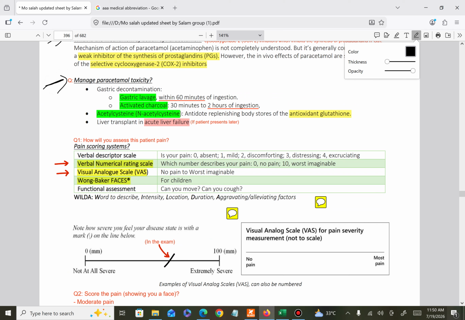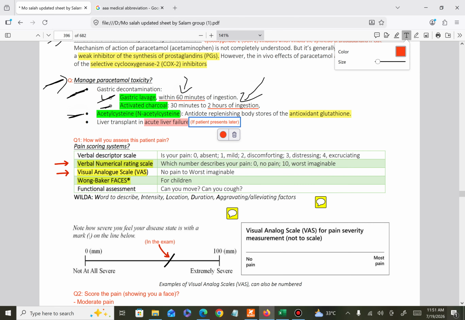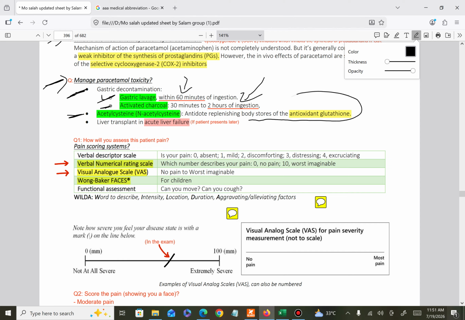Now, how will you manage paracetamol toxicity? First, we will do gastric decontamination by gastric lavage and activated charcoal. Gastric lavage can be used within minutes of ingestion, and activated charcoal can be used 30 minutes to 2 hours after ingestion. Then N-acetylcysteine, which is the antidote for paracetamol toxicity, replenishes the body stores of the antioxidant glutathione.